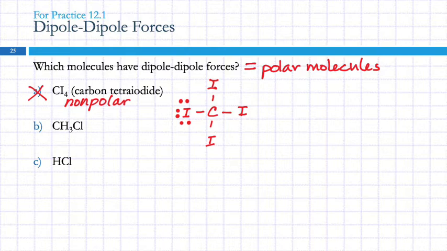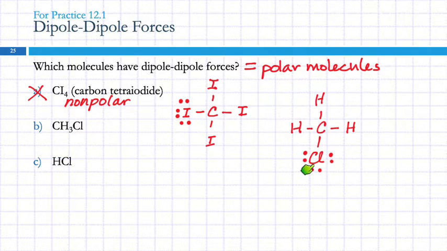Okay, so what about CH3Cl? So C, and there's 3 H's on it, and there's a Cl on it. And the Cl would have lone pairs. Are there any lone pairs on the central atom? No. Are all the atoms bonded to it the same?